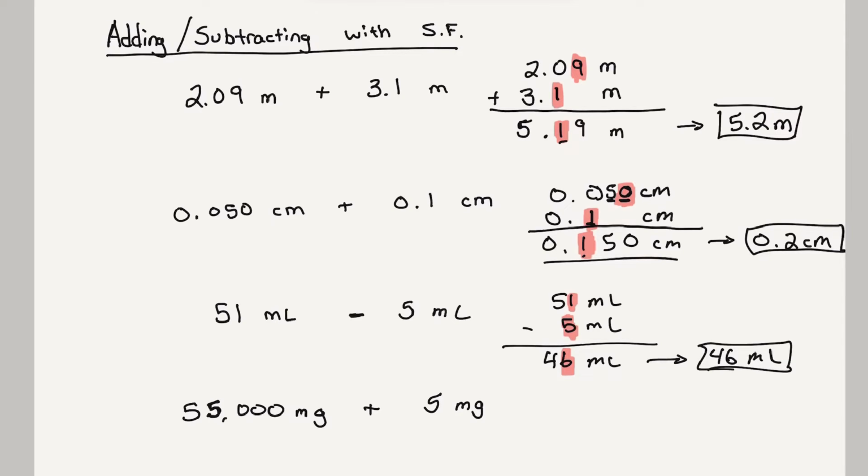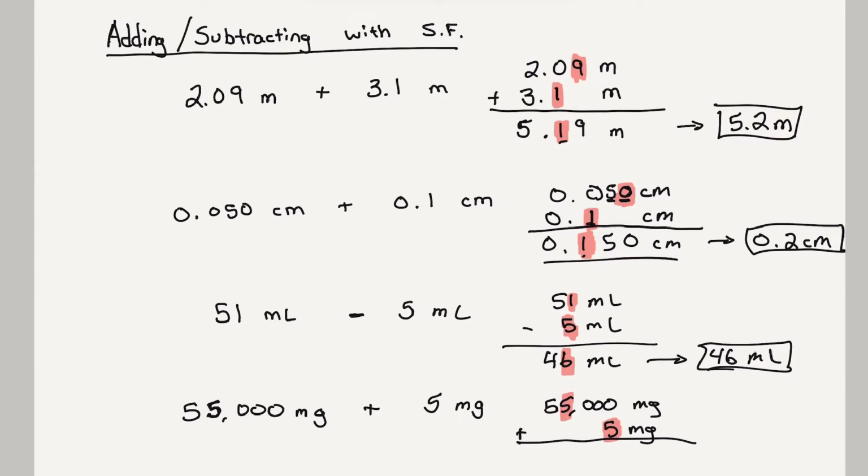Okay. Last one. We have 55,000 milligrams, adding to it 5 milligrams. This is a great example of significant figures because this is the last significant number in that number, and that's in the 1,000 spot, and this number is in the 1 spot.